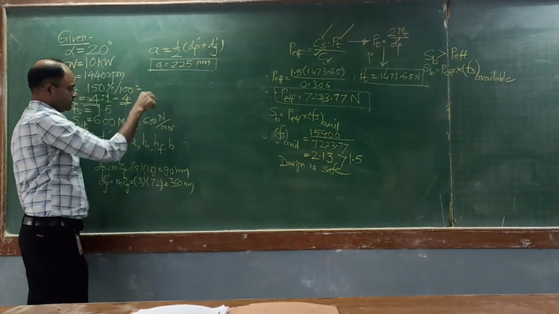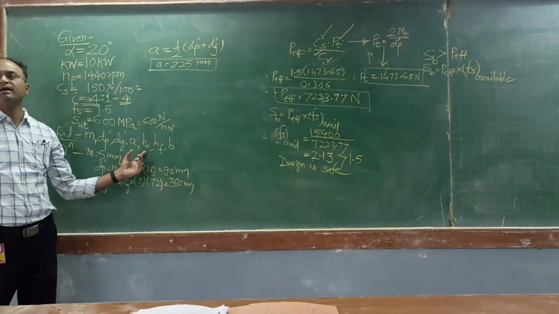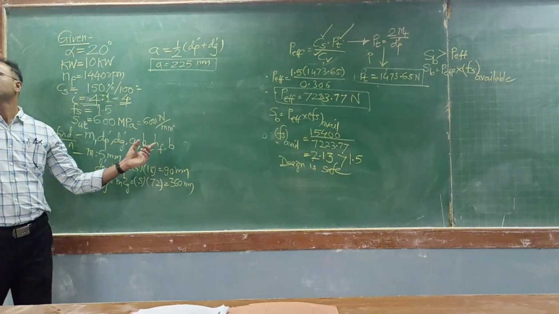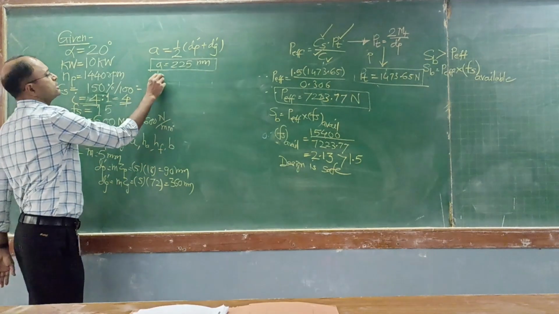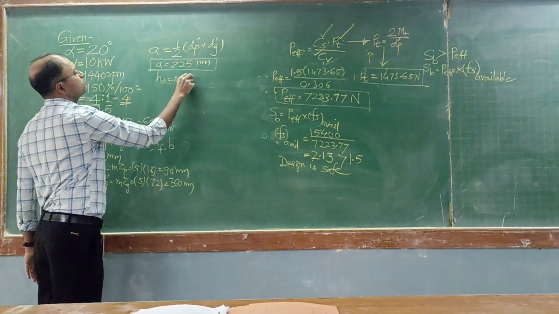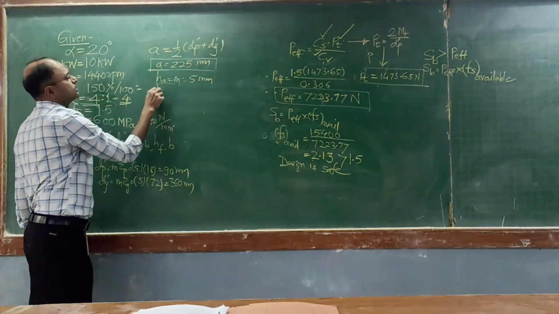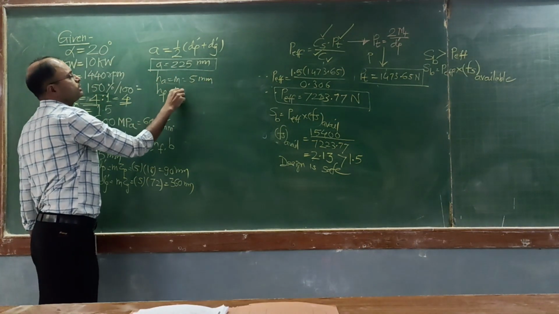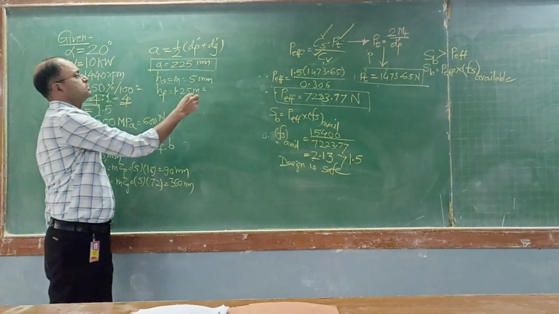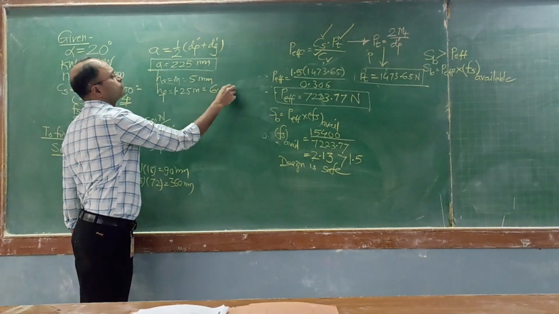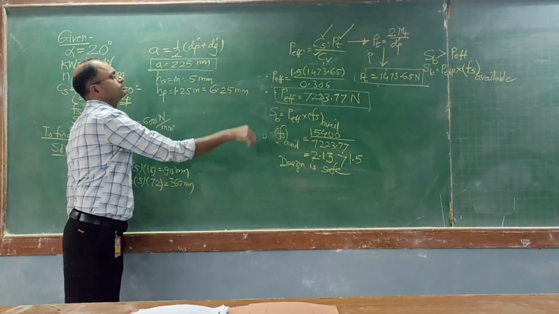Then module, HA, HF. HA is equal to module, so HA is 5 millimeter. HF is 1.25 times module, that is 6.25 millimeter.